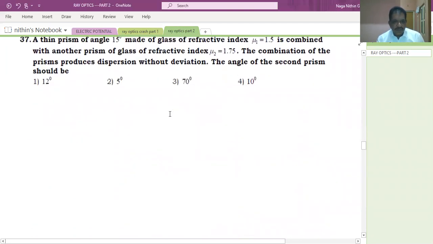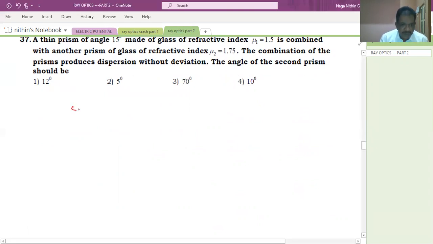Next, a thin prism of angle 15 degrees made from a glass of refractive index 1.5 is combined with another glass of refractive index 1.75. This combination of the prisms produces dispersion without deviation. Angle of the second prism is.